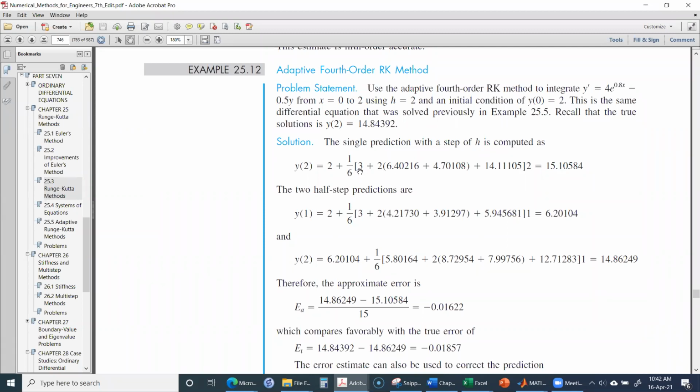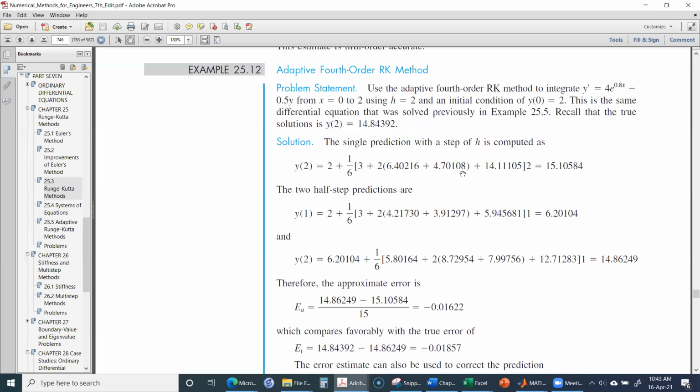First, for the fourth order method, we find the values of k1, k2, k3, and k4. The value of k1 will be 3, k2 will be 6.40216, k3 will be 4.70108, and k4 will be 14.11105.